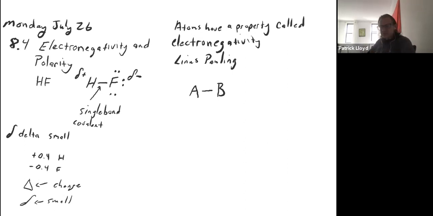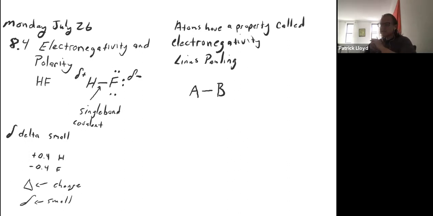There are 1 electron bonds and 3 electron bonds, but we're not going to worry about those. It's typically pairs of electrons. If those atoms are different elements, so for example, A could be hydrogen and B could be fluorine, or A could be oxygen and B could be lithium, they have a different value of electronegativity.